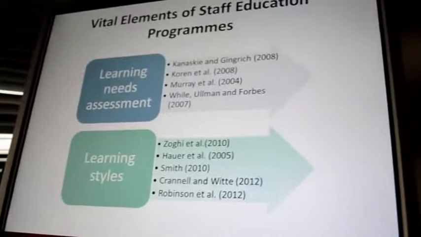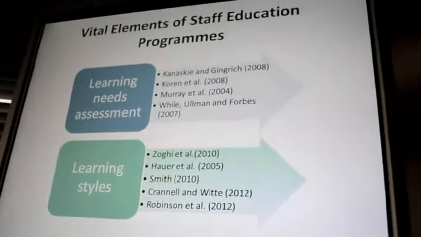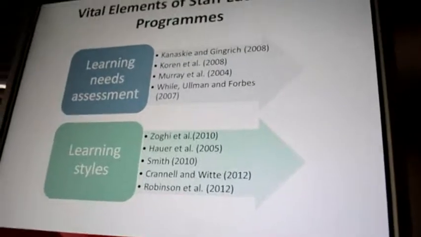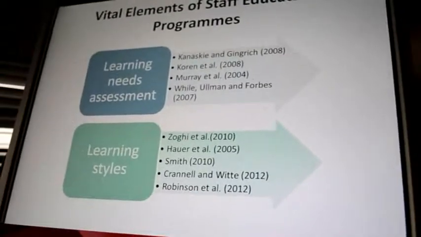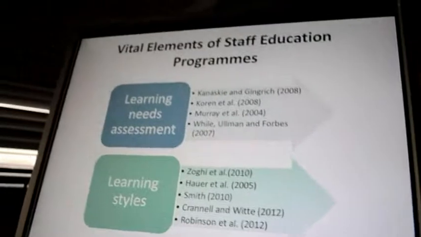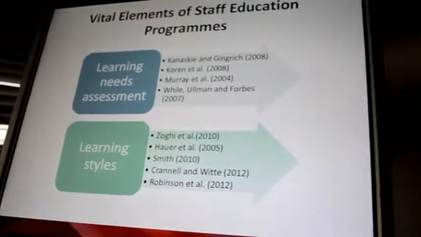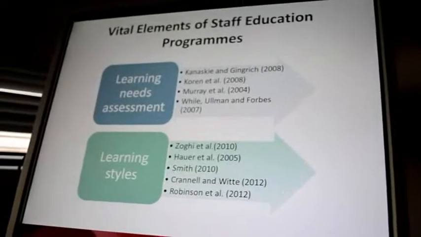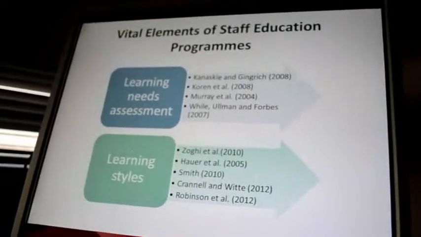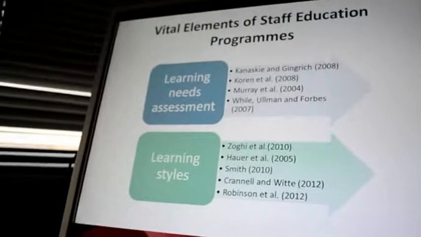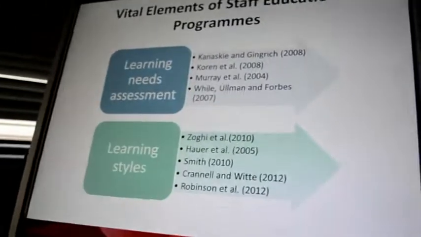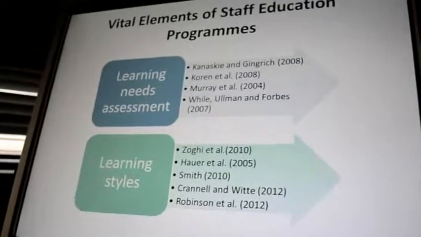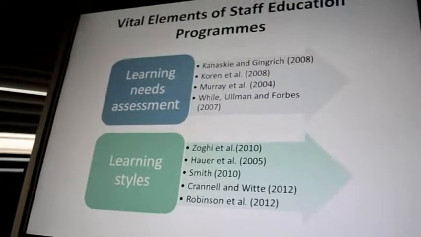Cranell and White found that practicing registered nurses have varying learning style preferences across the 4 areas of practice, but no relationship was found between preferred area of clinical practice and learning style preference. Knowing the learning styles of the staff is fundamental in the design of appropriate learning programs. The results also indicated the preferred learning styles had no relationship with gender, age and years since undergraduate education.